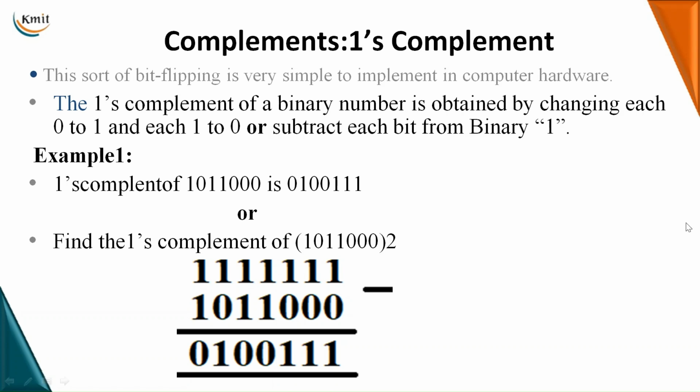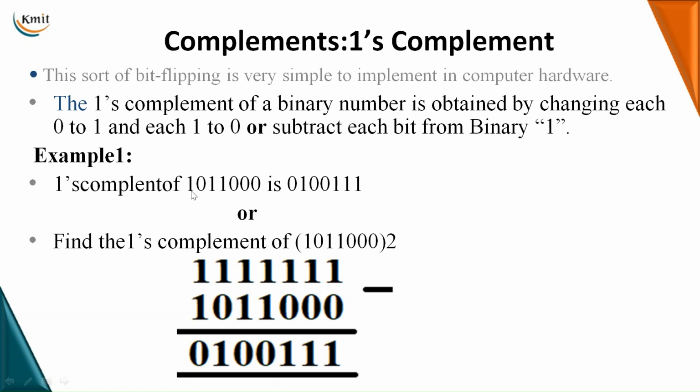The ones complement of a binary number can be obtained by changing each 0 to 1 and each 1 to 0. Or you can implement it in two ways: one is by flipping the bits of the positive binary equivalent, or you can subtract each bit from the binary 1. That is how you can get the ones complement of a binary number.